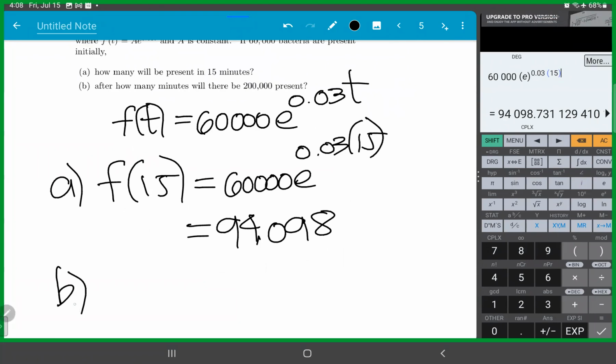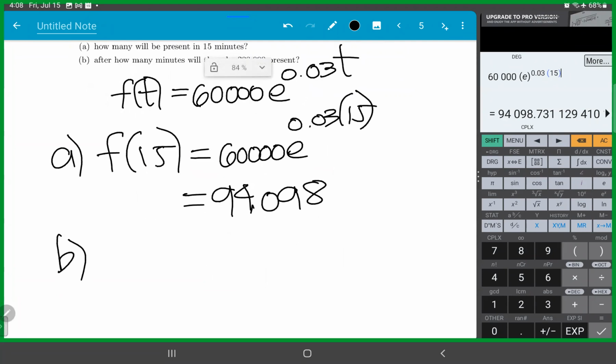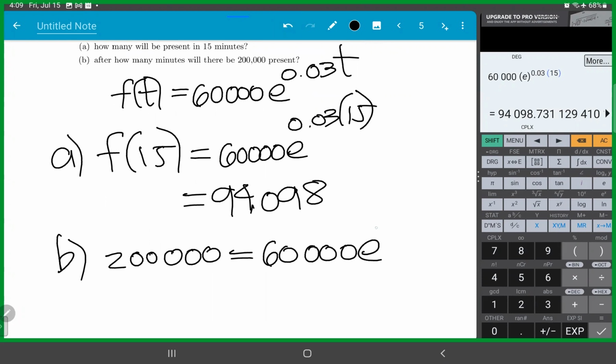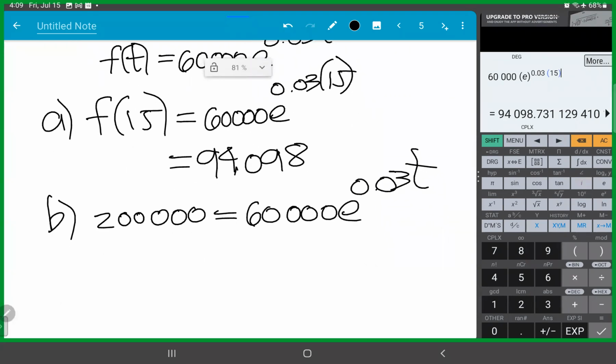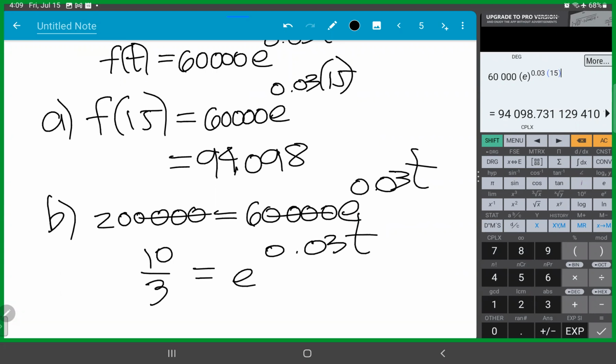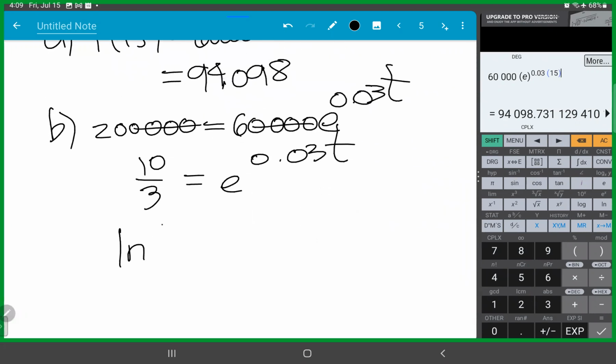How many minutes will there be 200,000? Here you have to solve an equation. So, this is the model. And the usual way of solving this, 20 over 6, that's 10 over 3. Take the ln, ln and e cancel out.